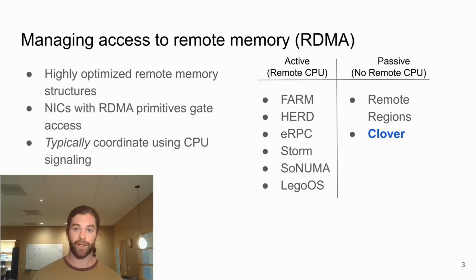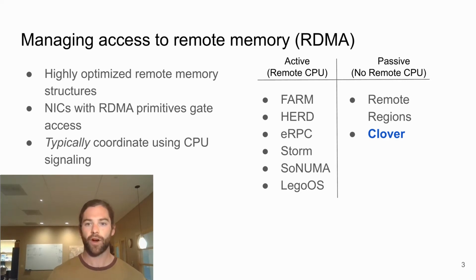There's a few projects which work under the alternative assumption of passive remote memory: Remote Regions and Clover, both of which assume that there is no CPU co-located with remote memory. And the downside here is that they do not have a CPU to coordinate access.